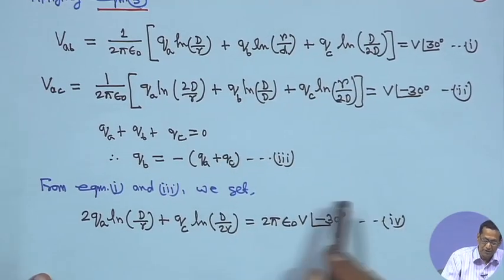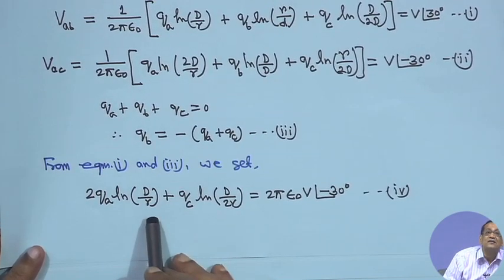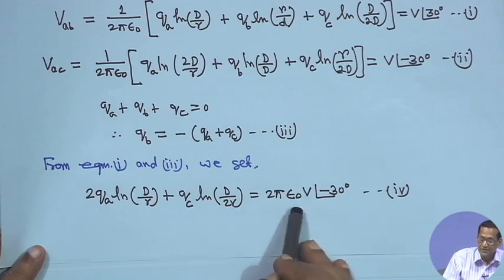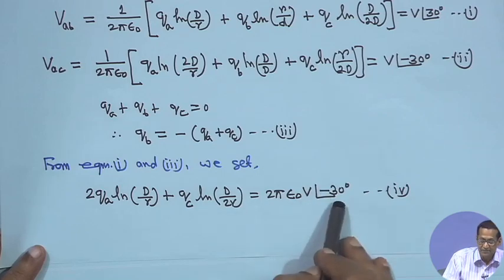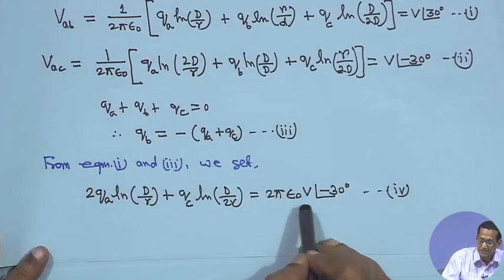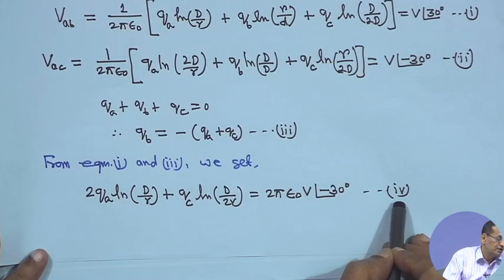If you do so, you will get 2 QA ln d upon r plus QC ln d upon 2r is equal to 2 pi epsilon 0 into V angle minus 30 degrees. This is equation 4, right.